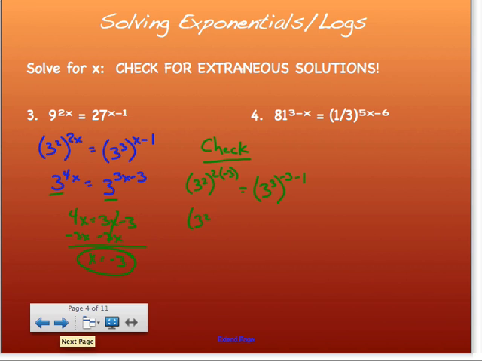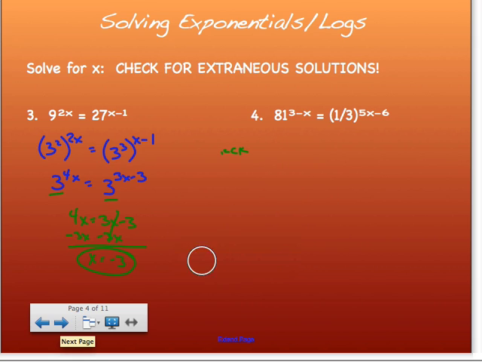I really have 3 squared, 2 times negative 3 is negative 6, equals still 3 to the third. But then negative 3 minus 1 more is negative 4. And you can kind of see where this is going, because if I look at the left side, I really have 2 times negative 6 is negative 12, and 3 times negative 4 is negative 12 as well. Sure enough, it works. Okay?